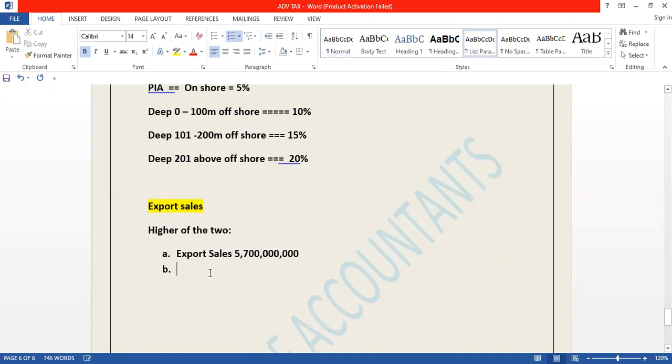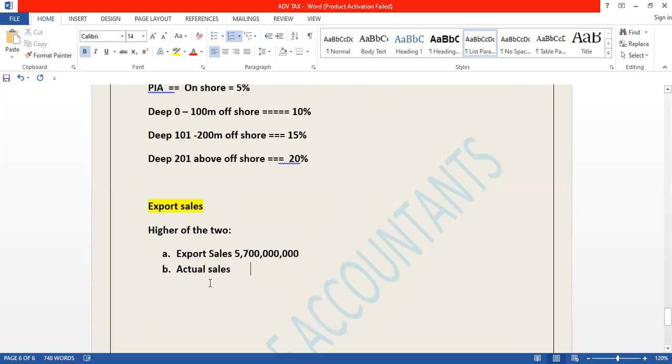So we have A, and the second one, based on our calculation, we have the actual sales based on our calculation.